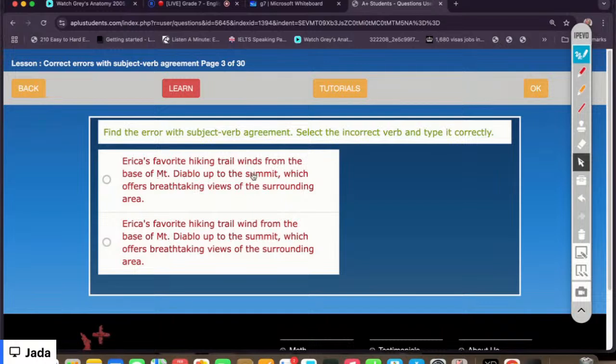So we have this one. Erica's favorite hiking trail winds from the base of Mount Diablo up to the summit, which offers breathtaking views of the surrounding. So we have to compare and see.